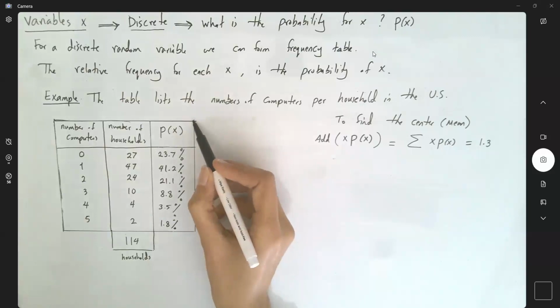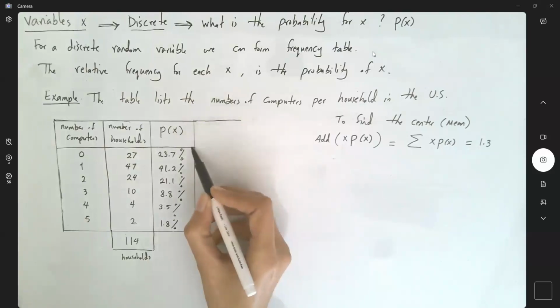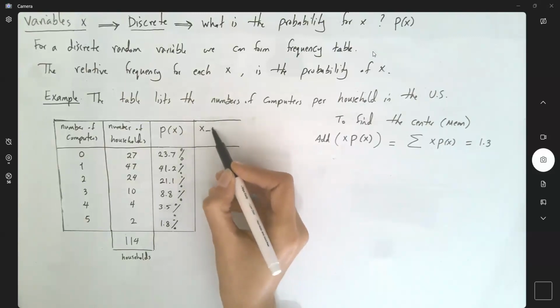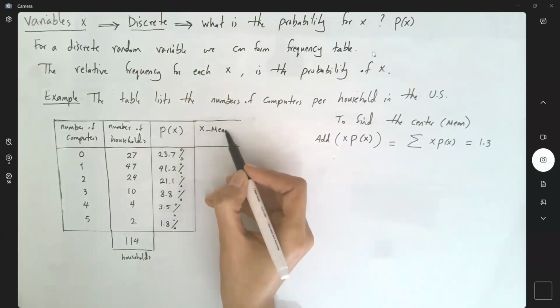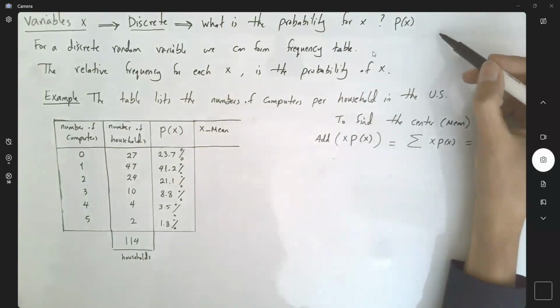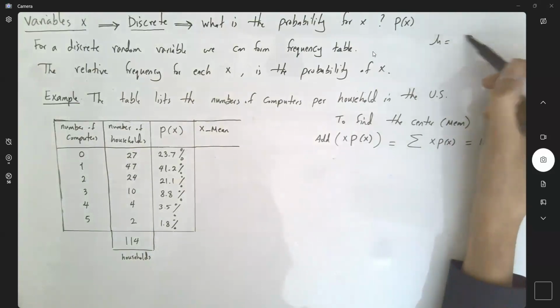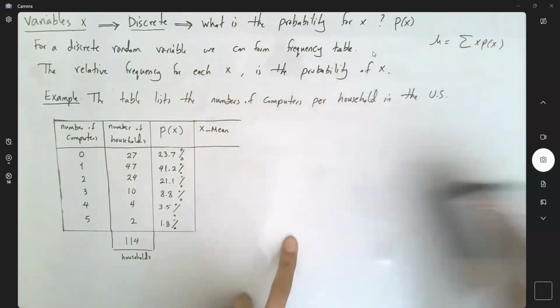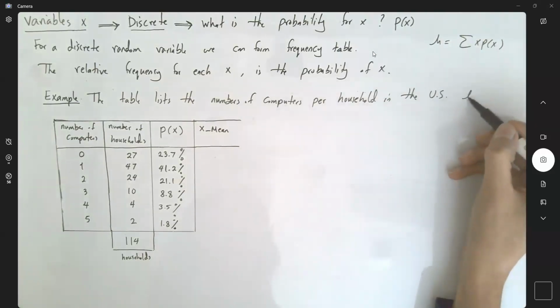So you're going to continue this column. You're going to create x minus the mean. We already calculated the mean. Mean is 1.3. So I'm going to write this guy down up here. Mu is equal to the sum x times p of x, and we found the mean for that example, which is 1.3.